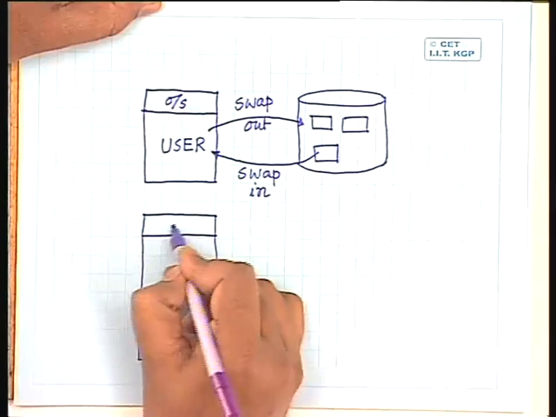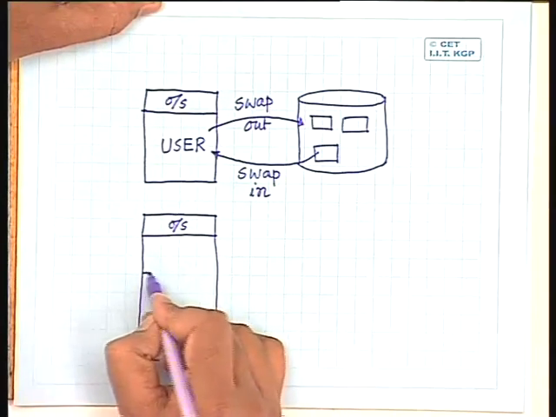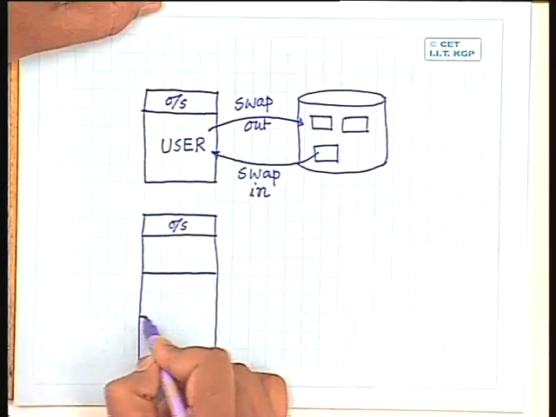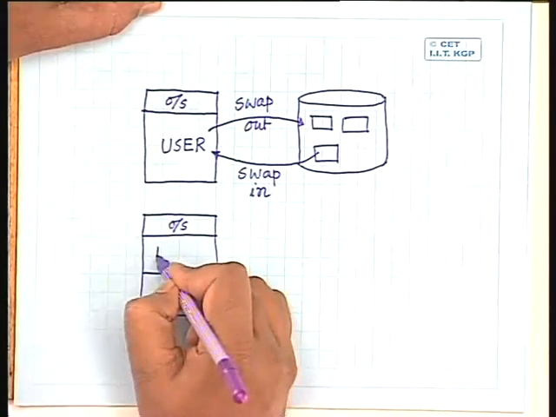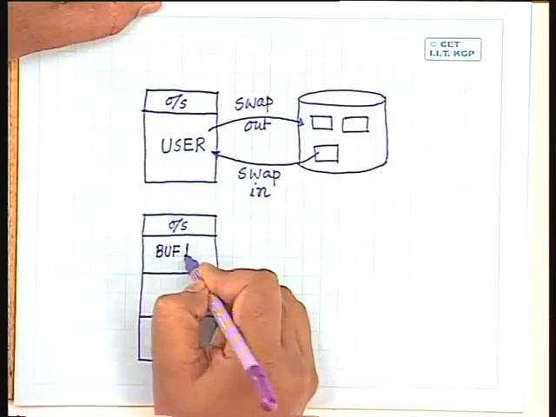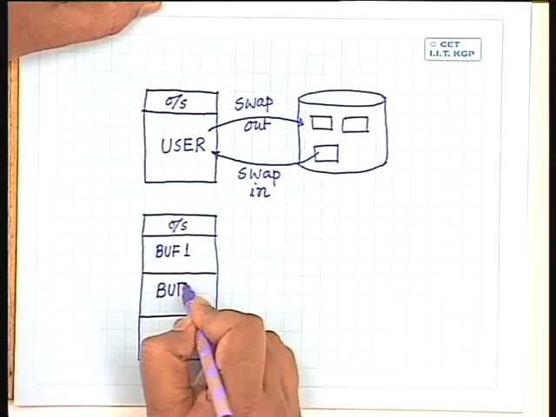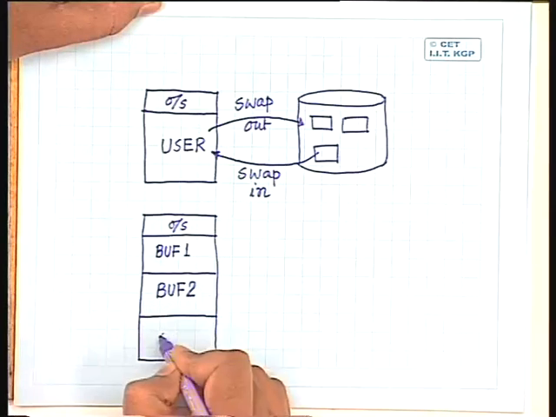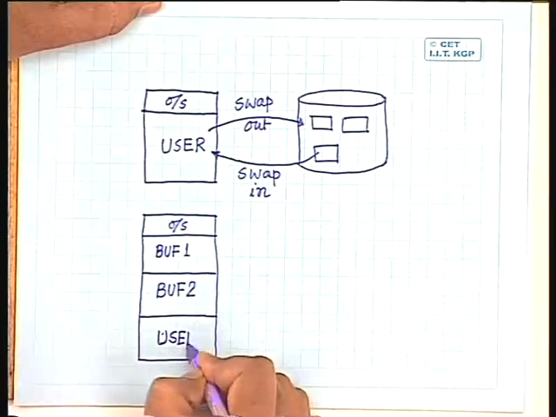One partition, as before, will go to the operating system. The remaining space is divided into 3 partitions. One we will call buffer space 1, the second buffer space 2, and the third is the user area where a program is to be executed.